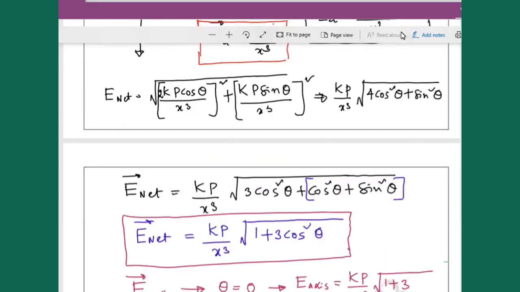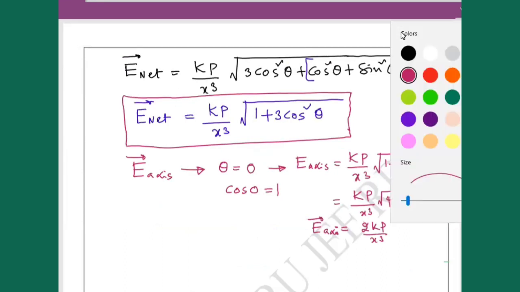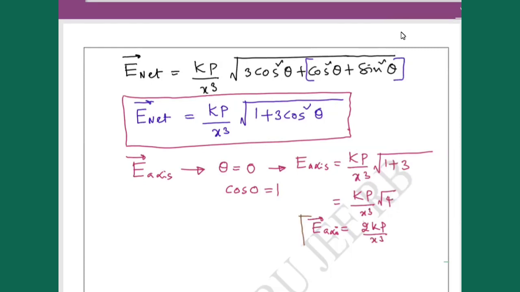Okay, till here you took the screenshot. Next, on the equatorial line, it is nothing but 90 degrees. On the perpendicular bisector, what should I write?